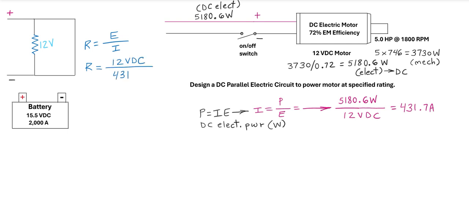A common mistake is to quickly solve for the resistance of the parallel resistor by dividing E by I, because we know Ohm's law says E, voltage, is I times R. Going right to Ohm's law and solving for resistance, voltage divided by current, will initially solve for the uncorrected metrics from the battery.